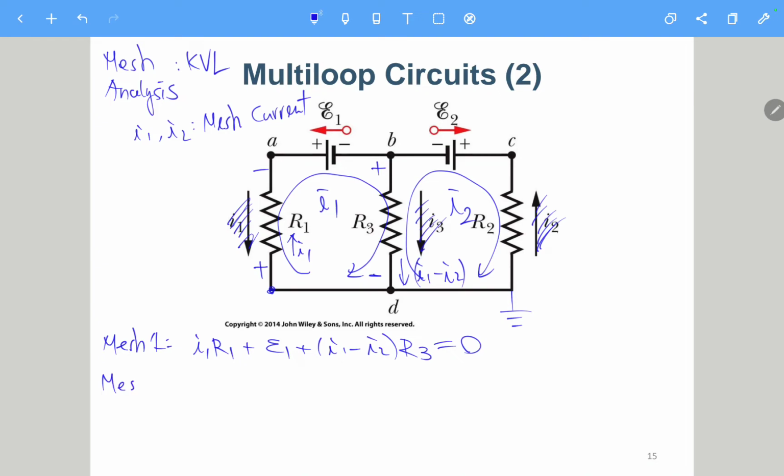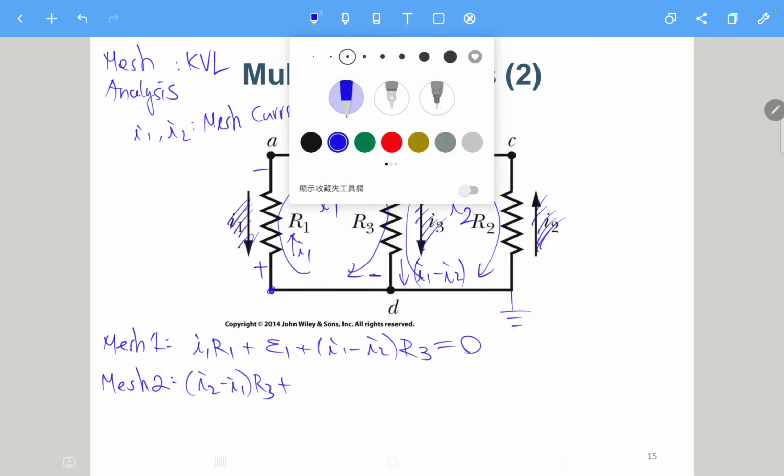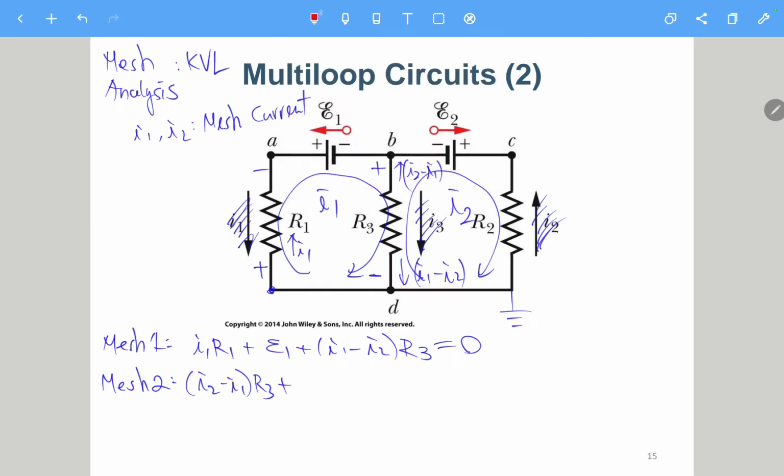And then for mesh 2, here we consider mesh 2 to be like this. So this current should be I2 minus I1 instead. So we should have I2 minus I1 times R3, and then plus. This time, this is plus, this is minus, and in that case this is I2 minus I1.